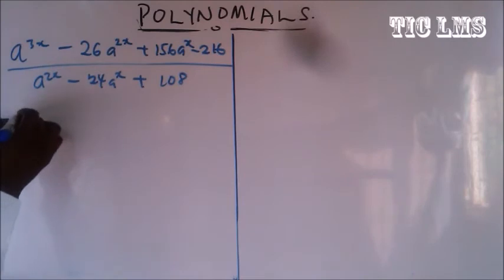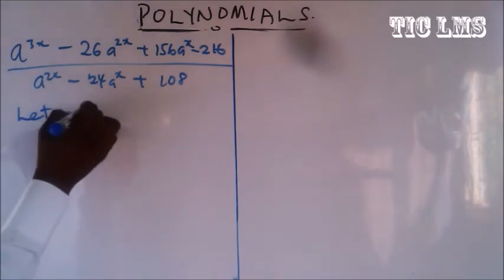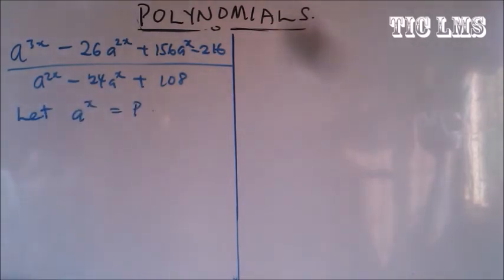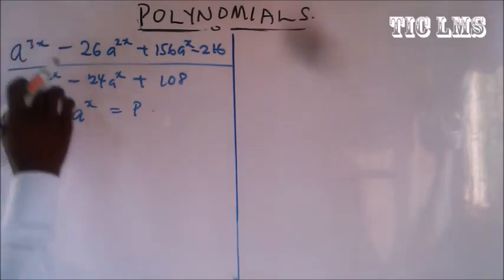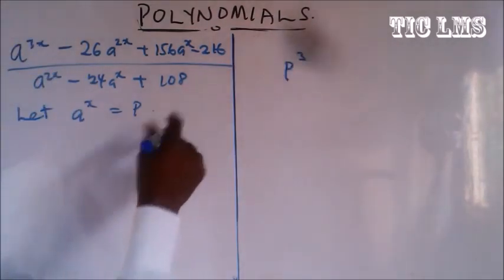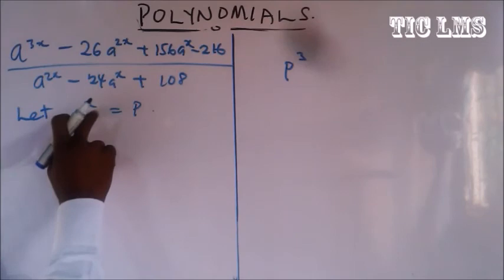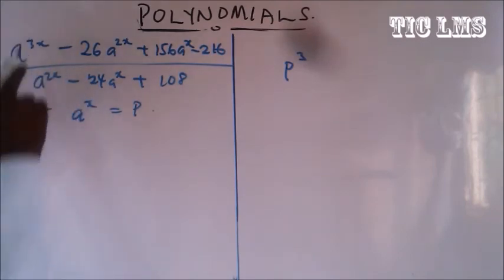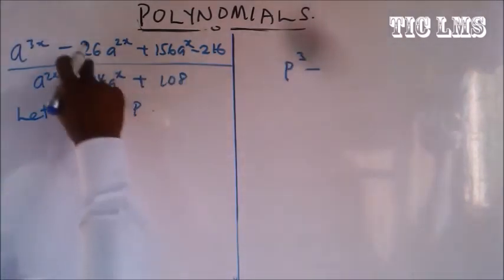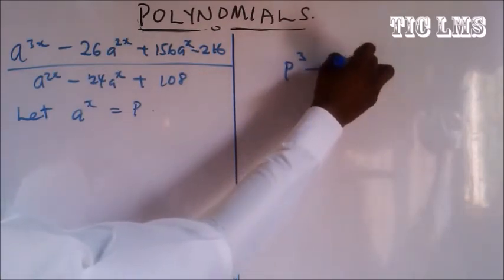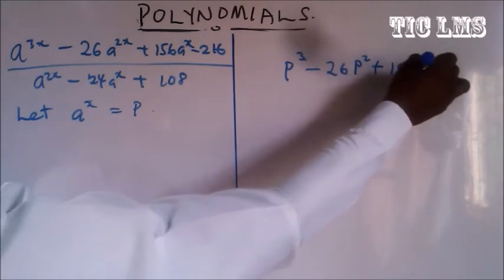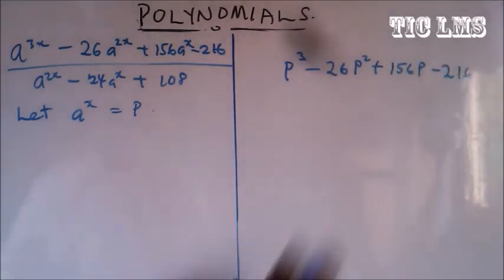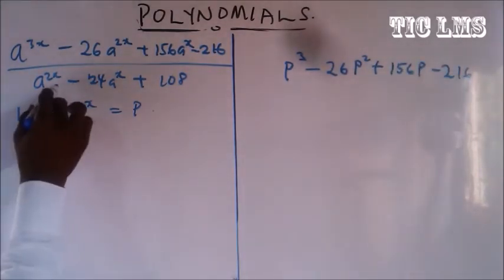Now what we could do is this. Let a raised to power x stand for p. So any place where we have a raised to power x, and when we have a raised to power 3x, it will become p cubed, because p itself stands for a to the x. Then minus 26p squared plus 156p minus 216, and then divided by this.